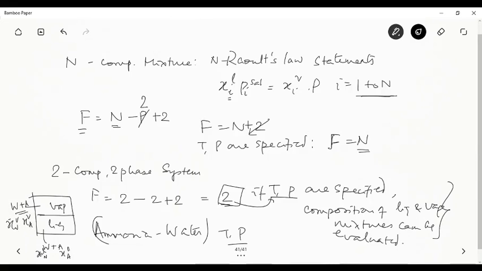Okay. So there are four unknowns: XVW and XVA, and you have XLW and XLA. There are four unknowns, and there will be four equations that you can actually specify from the conditions.